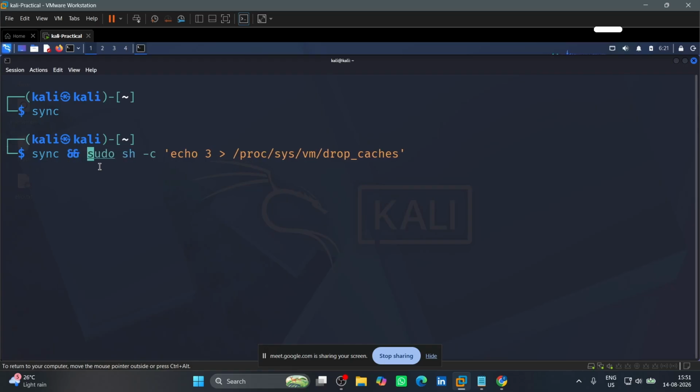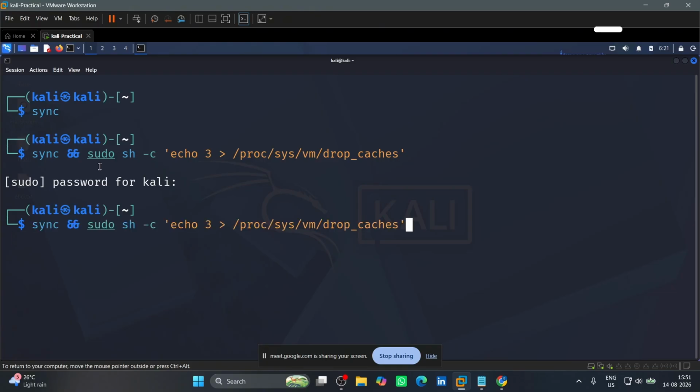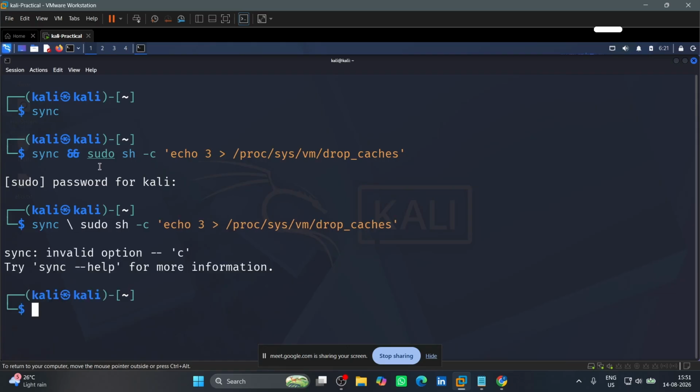I think they both are a single command. Actually, I also haven't run this command till right now.